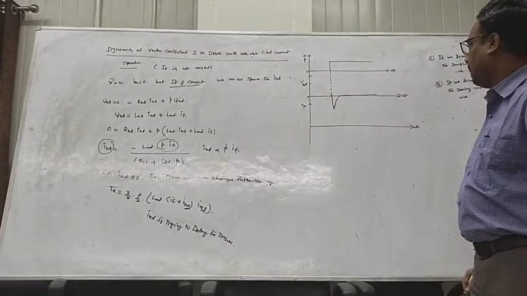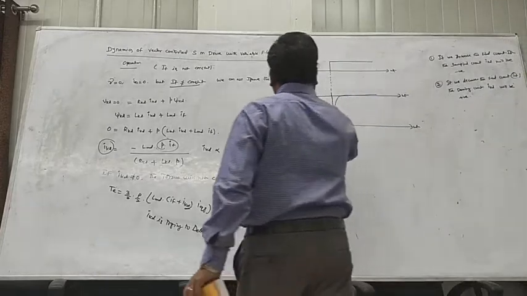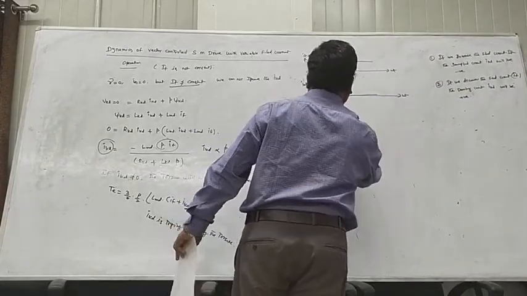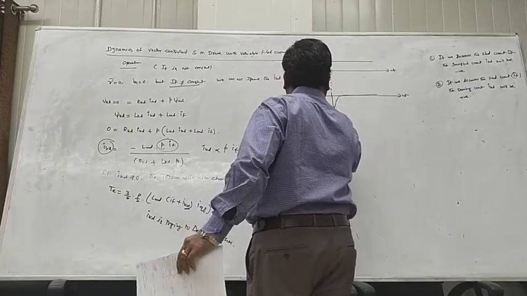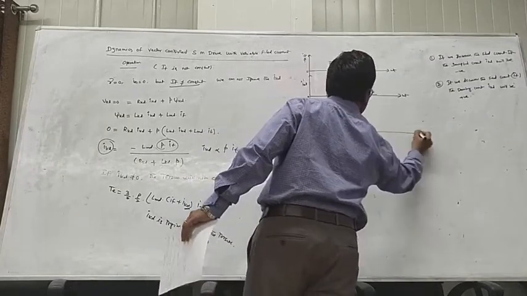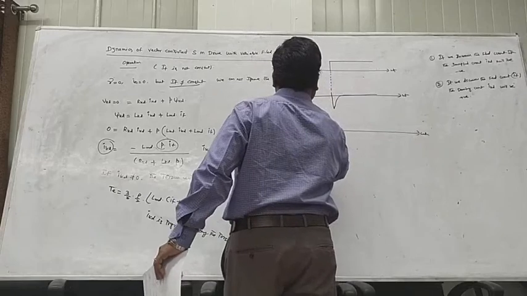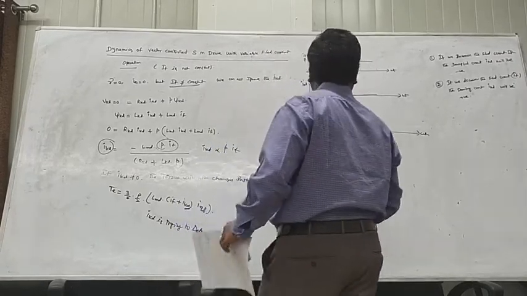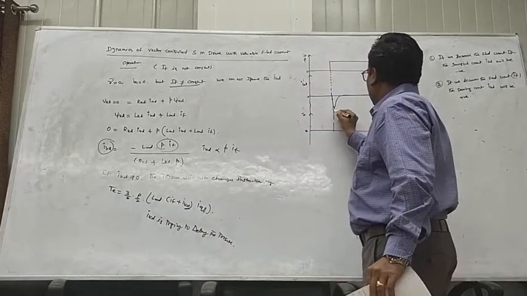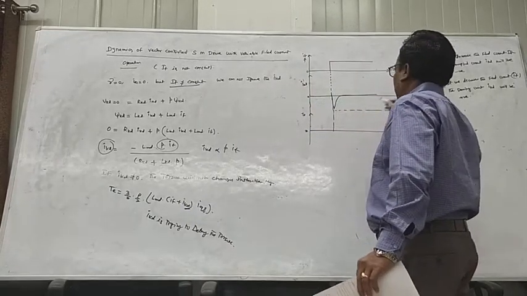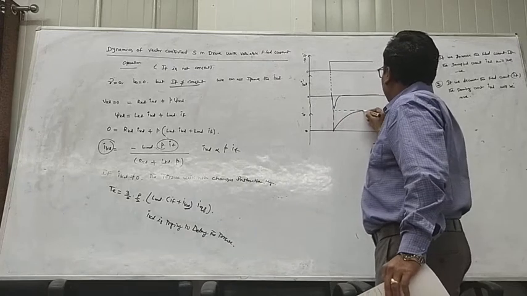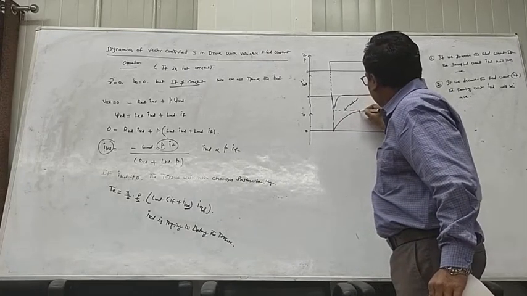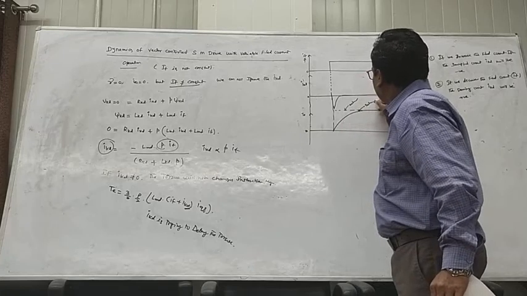So this is your torque, and now your field current is like this. If you observe the torque response, this is the actual response, but you get the delay response.